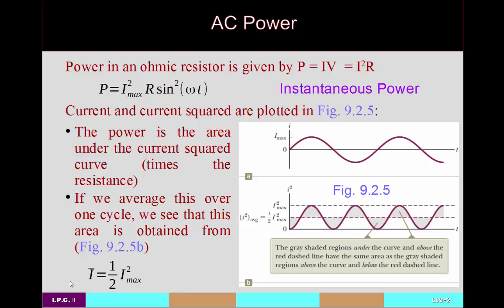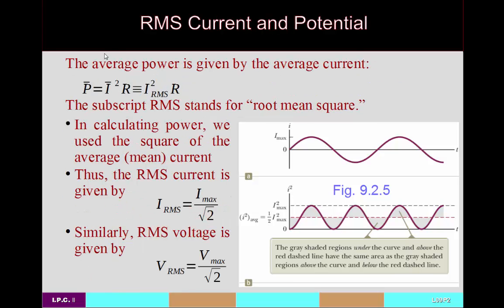If you do that over one cycle, what you find is that the average current squared is 1/2 of the maximum current squared. And hence the average power is the average current squared times the resistance.